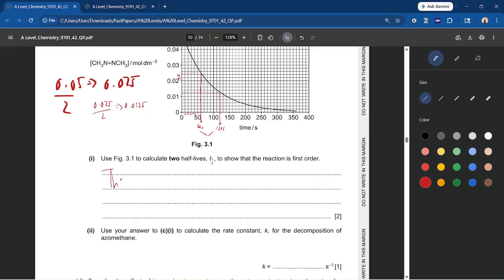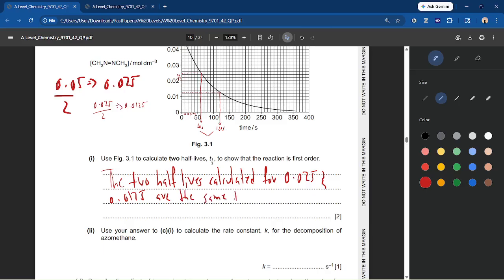The two half-lives calculated for 0.025 and 0.0125 are the same time of 60 seconds, so it is constant and therefore first order.